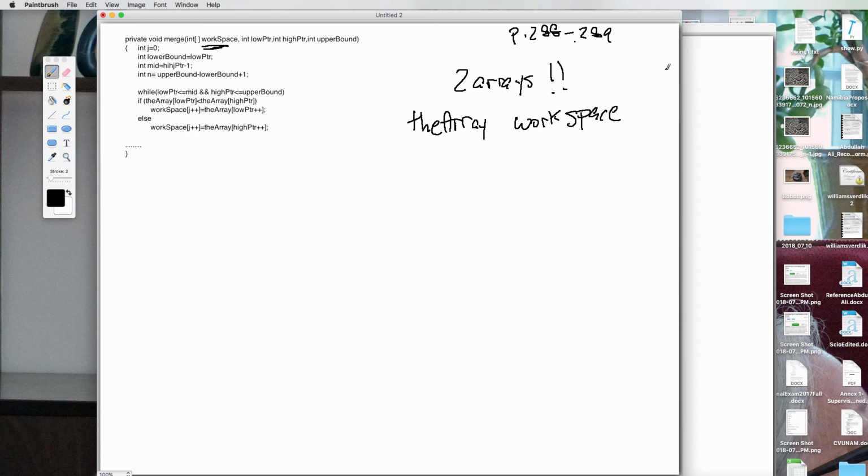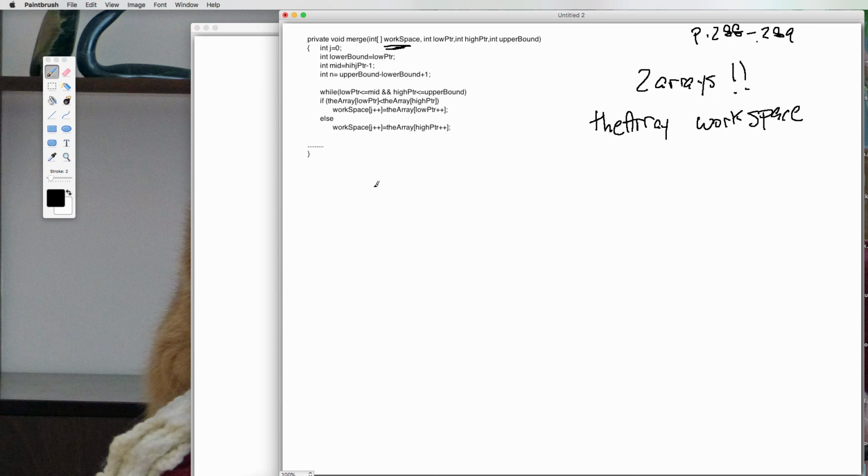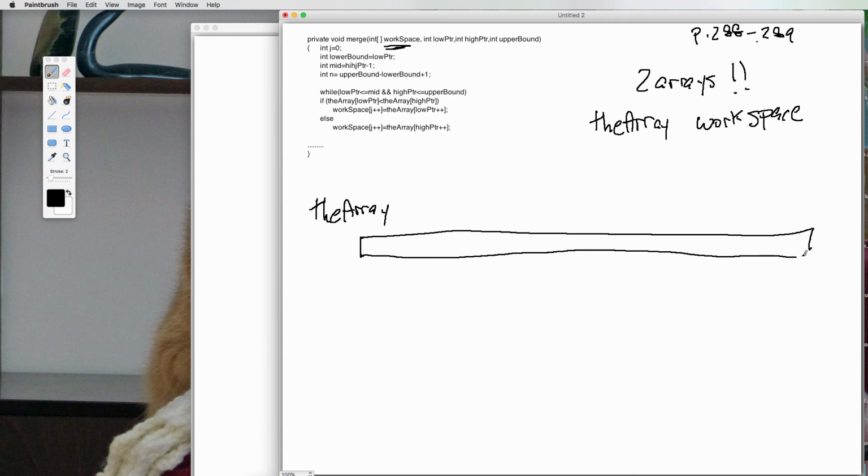And here is what's going on, and I think this is a little bit of a cheat, but it works. The original array is called the array. Okay? And we may imagine that here's the array, and this goes all the way up to here. And this is the array that we want to sort. Okay?